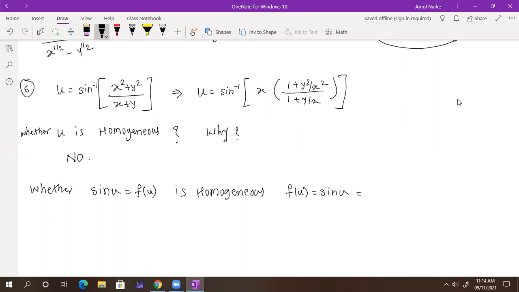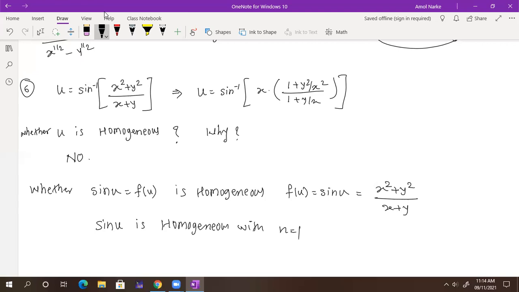Sine u becomes x square plus y square divided by x plus y, the angle part. Now is this function homogeneous? Yes, sir. It is homogeneous. So sine u is homogeneous with degree n equal to 1.